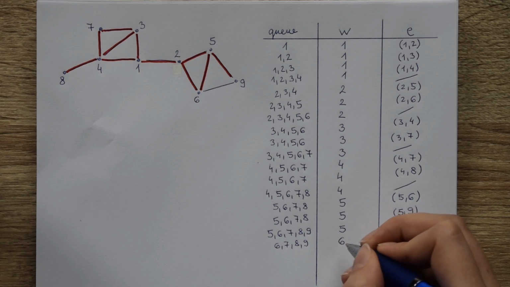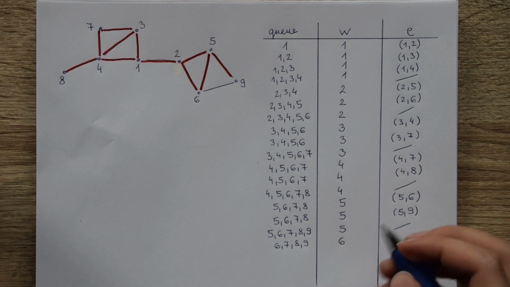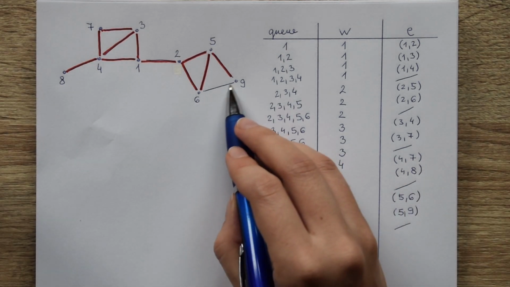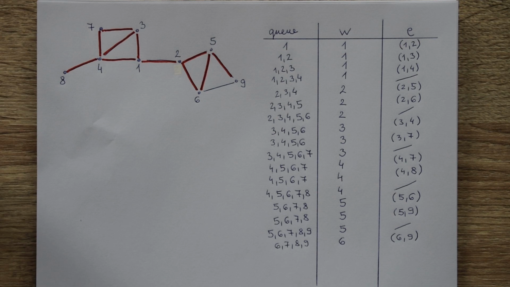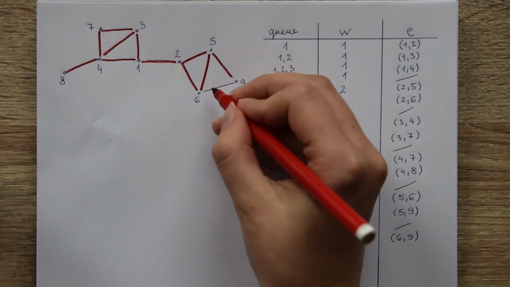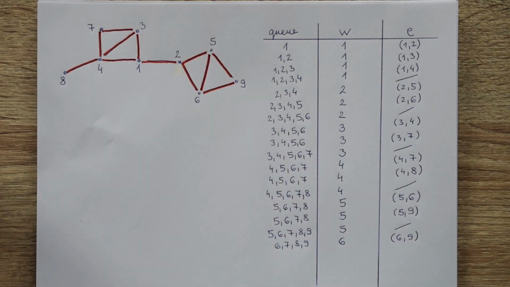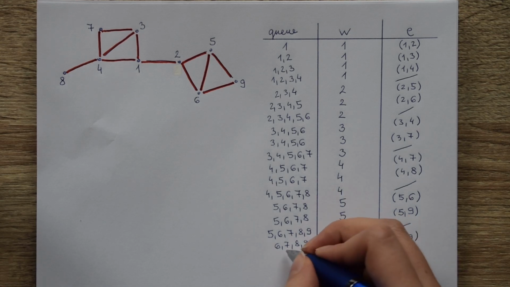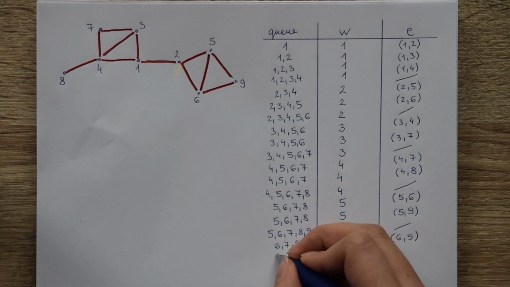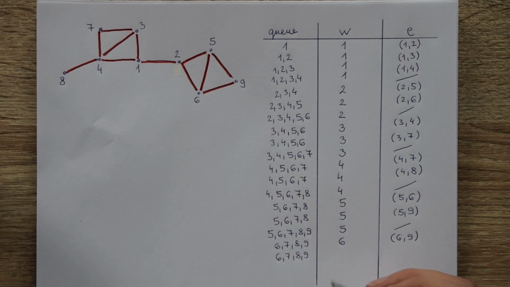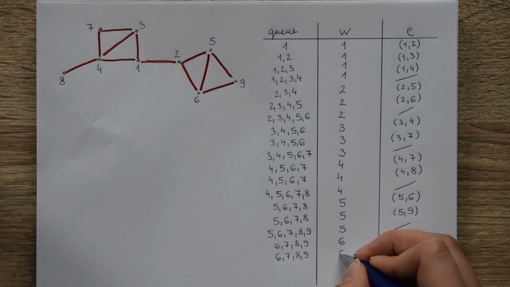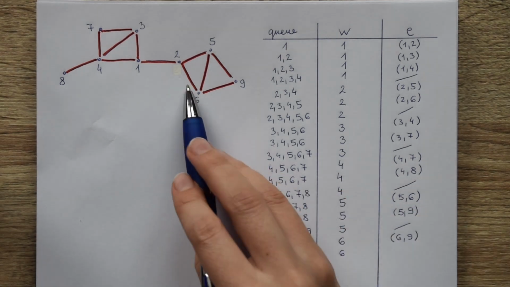From node 6 there is still one edge which is not marked. It's edge 6, 9. Now all edges coming from node 6 are marked.